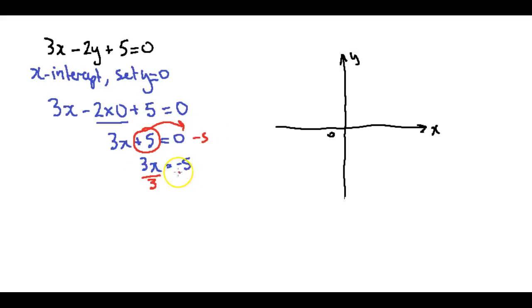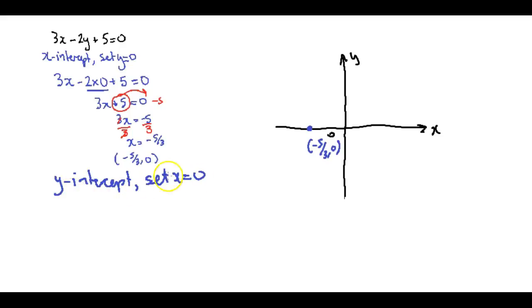Divide by 3, everything. So our x-intercept is -5/3. Not going to use a decimal because it's an infinite decimal. And that's about -1 2/3. So we'll put a dot there. And we'll label that.